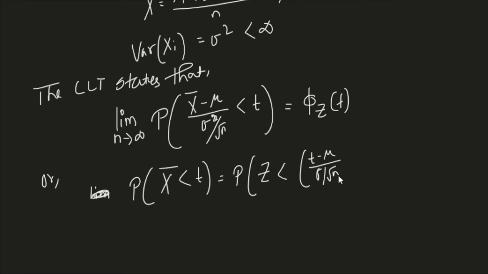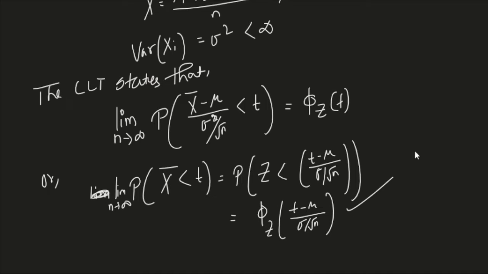Sigma by root n. Right, and this only happens when you have limit n tends to infinity. So it basically becomes phi of (t minus mu) by sigma by root n. So this is how the CLT works.